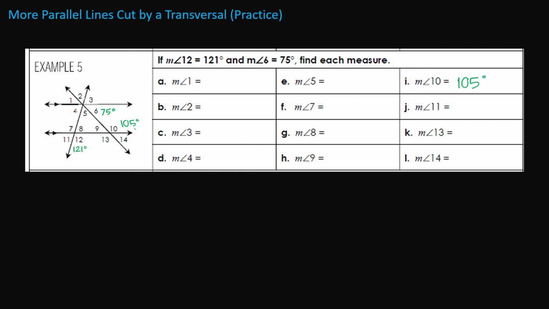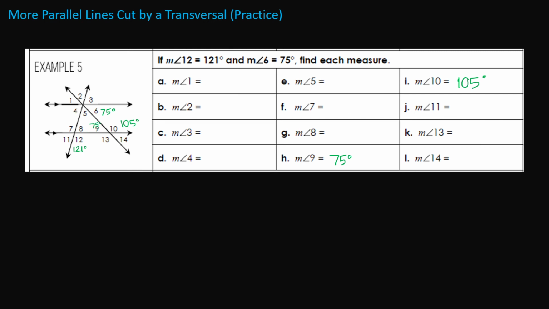So now that I know the measure of angle 10, I can go ahead and also say a few things. I know that angle 9 is going to be supplementary to angle 10 because it's a linear pair. So 180 minus 105 would be 75. I know angle 9 is 75 degrees.